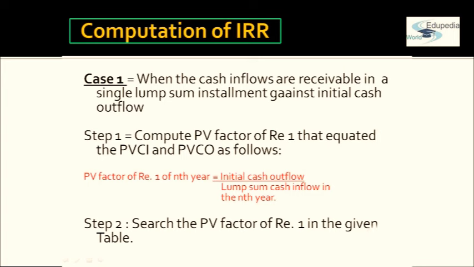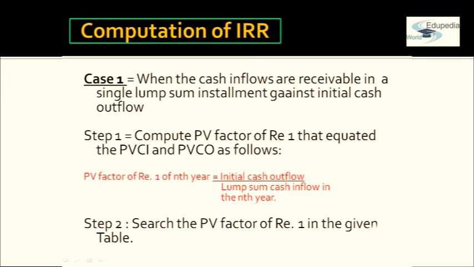For example, if an initial cash outflow is 1 lakh and after 5 years you will receive 1,50,000, then to compute IRR you will simply divide 1 lakh by 1,50,000, which is the initial cash outflow divided by the lump sum amount.